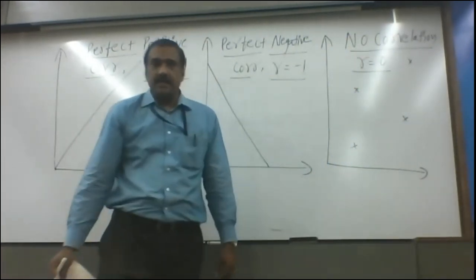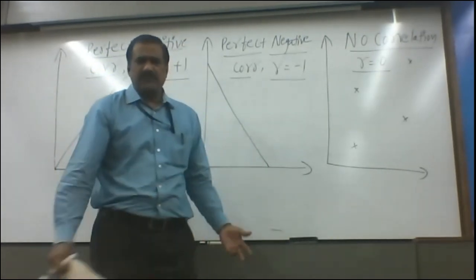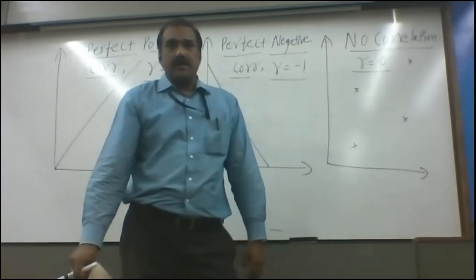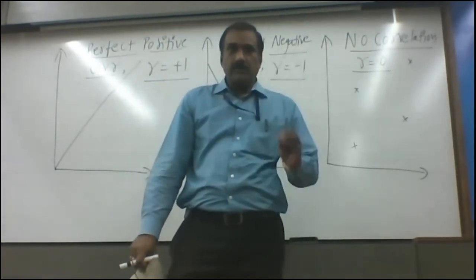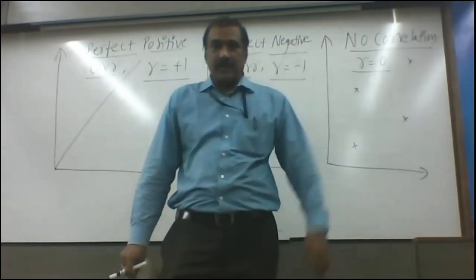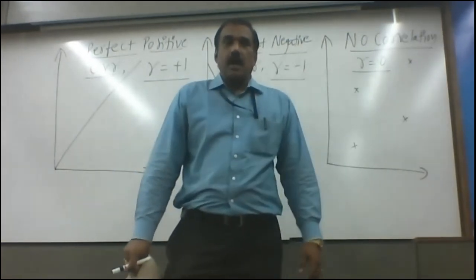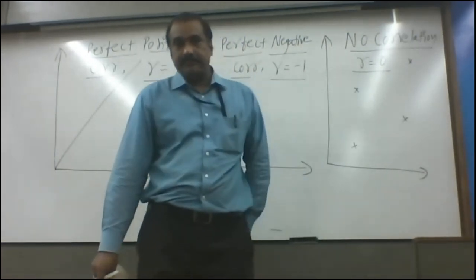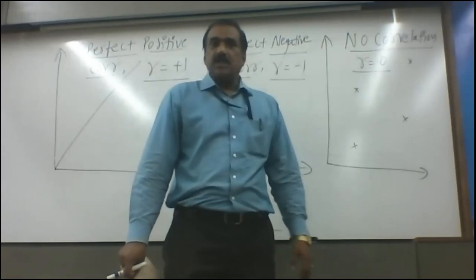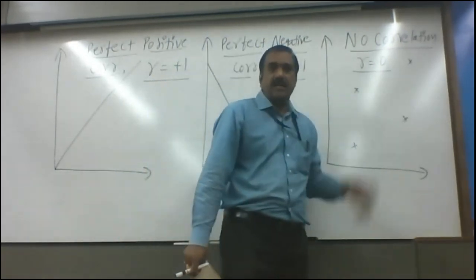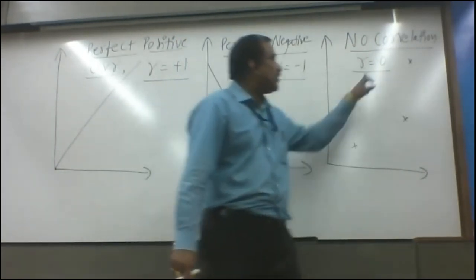For example, for some products we expect a greater demand in the market, so they go for production, and after marketing they are released into the market. But suddenly there is no demand for the product; the demand is gone. In such situations we can say there is no correlation, R is equal to 0.